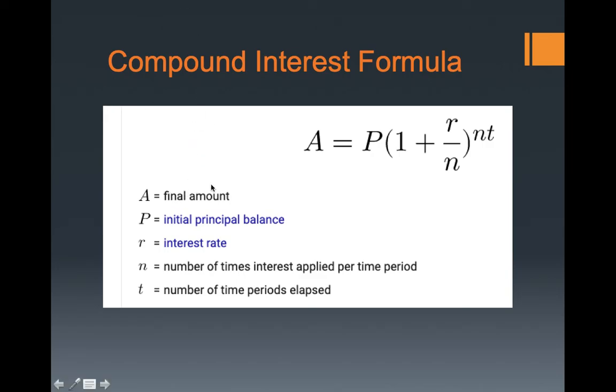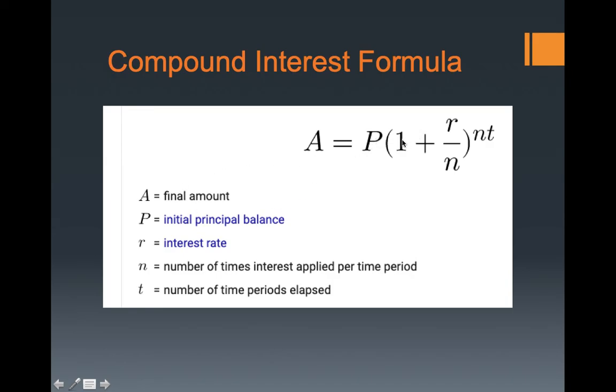So in this one, this formula that I'll show you here is not a formula that you need to memorize or anything like that, but if you see it, you need to at least be able to recognize it and go, okay, I can plug in the numbers to get A, because that's what they're going to want you to do. They're going to say, what's the final amount you need to owe on a loan of whatever. P is the principal again.